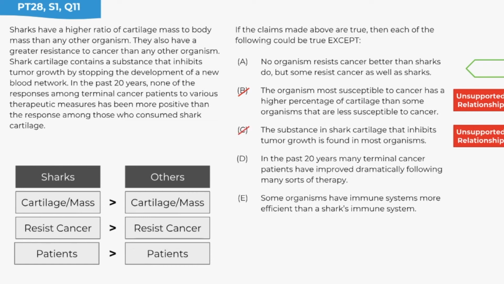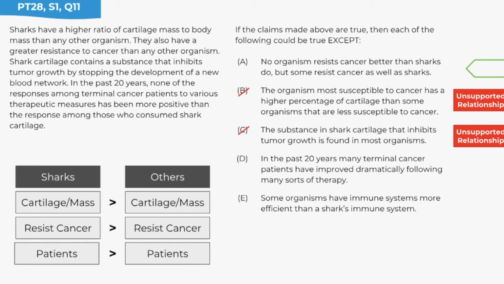Answer choice D says that in the past 20 years, many terminal cancer patients have improved dramatically following many sorts of therapy. Well, this doesn't necessarily contradict the statements. It depends on how people respond to those other therapies. We know that these patients are responding better to the shark cartilage therapies than to other therapies, but that does not mean that they're not responding to those other therapies.